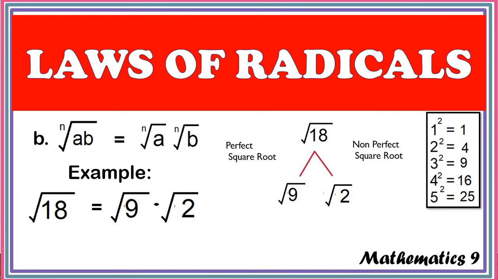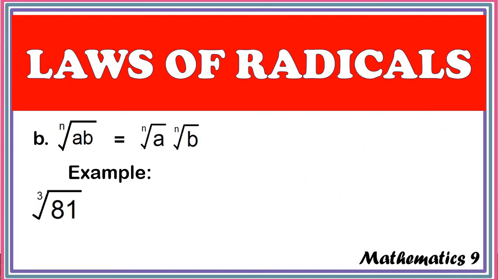So, we can now simplify the square root of 9 since this is a perfect square root. So, ano ba yung square root ng 9? Ang square root ng 9 is 3. So, we have the final answer of 3 square root of 2. So, yun na yung ating final answer. So, kapag ganito, magkakameron ka ng isang whole number at isang radical, nasa radical expression.